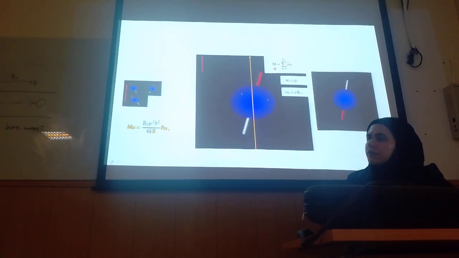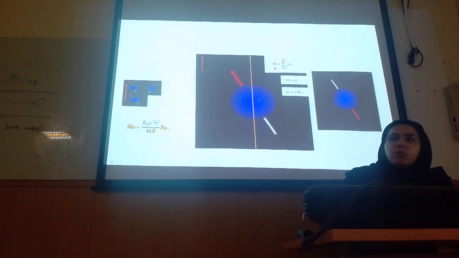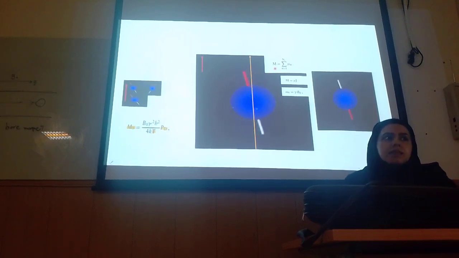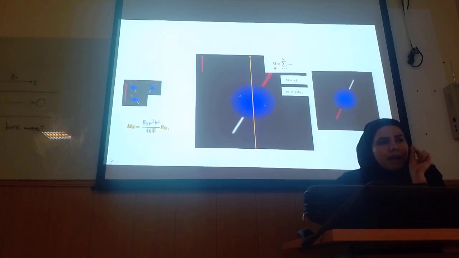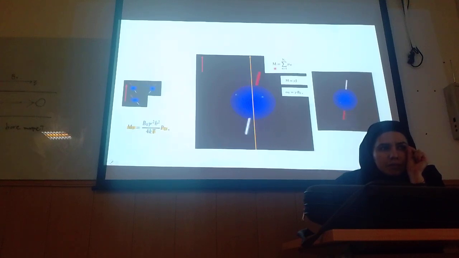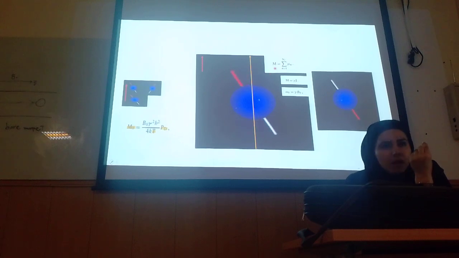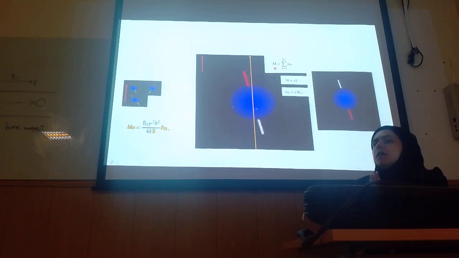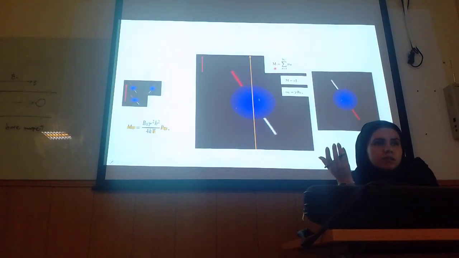But if the number of nuclei aligning with B0 is more than the number of nuclei opposing B0, in this situation we have a tiny net magnetization, which is very small, but anyway we find magnetic poles. We became magnetized.